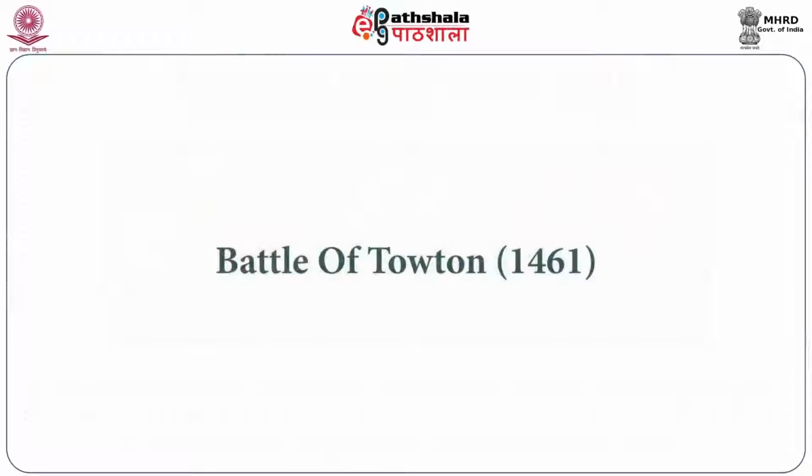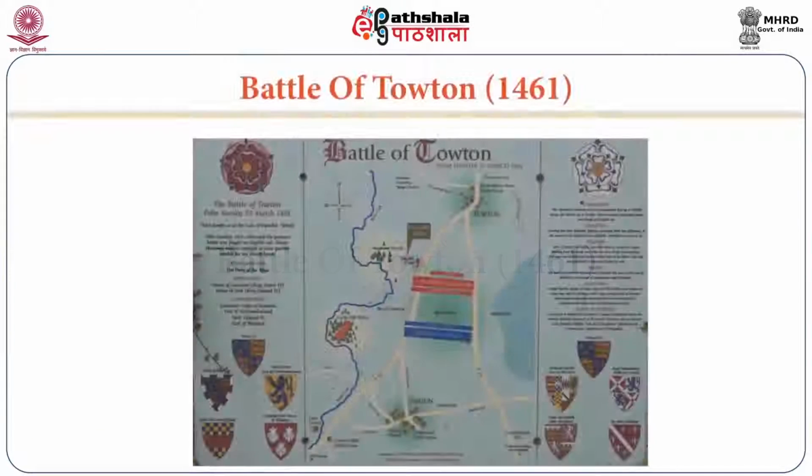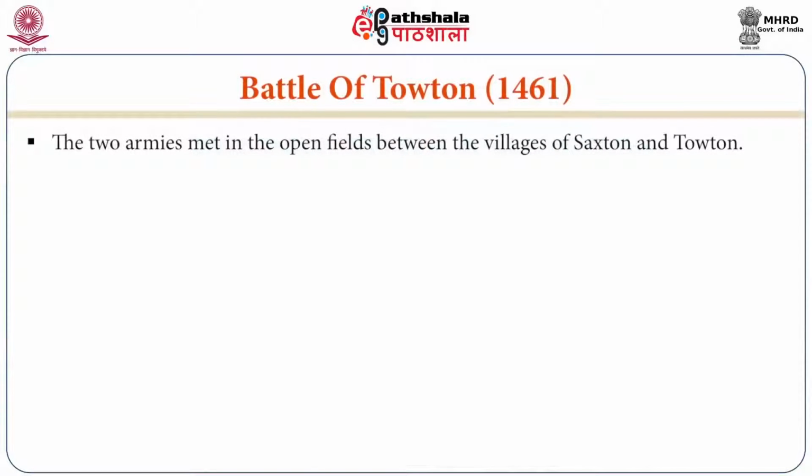Friends, on the screen, the Battle of Towton, 1461. The two armies met in the open fields between the villages of Saxton and Towton. The Yorkist army defeats the Lancastrians.